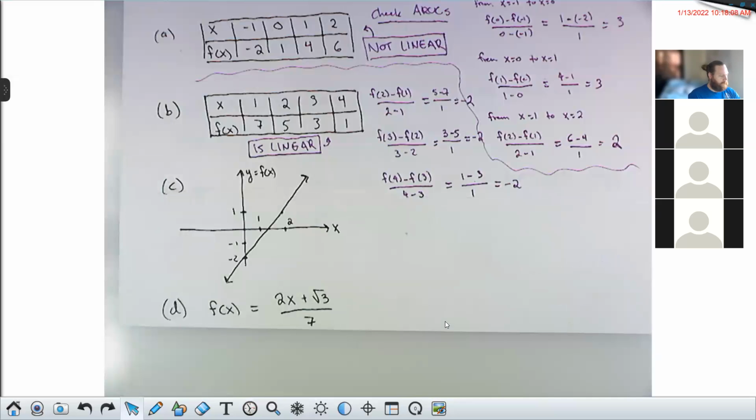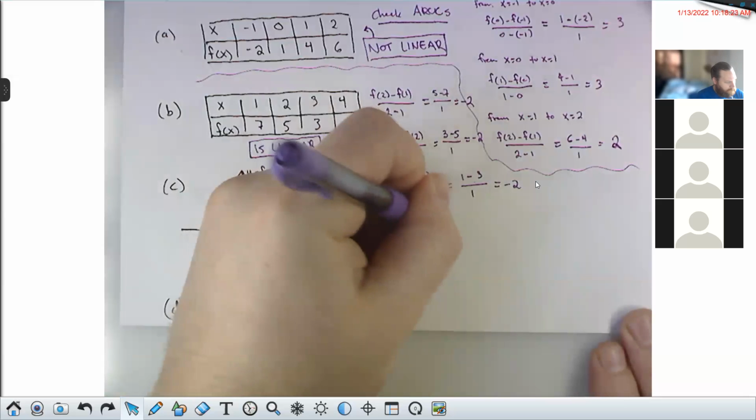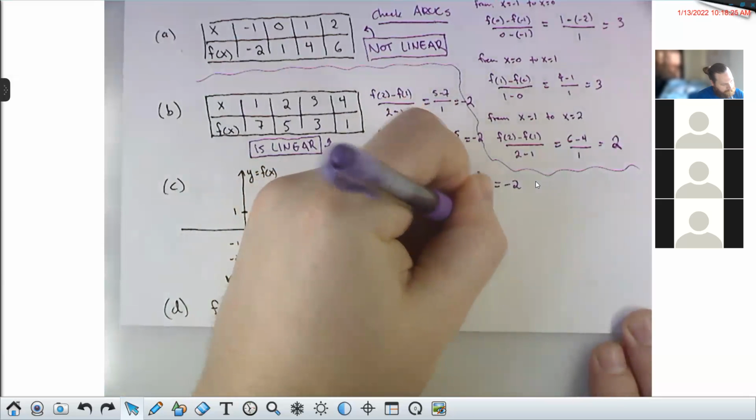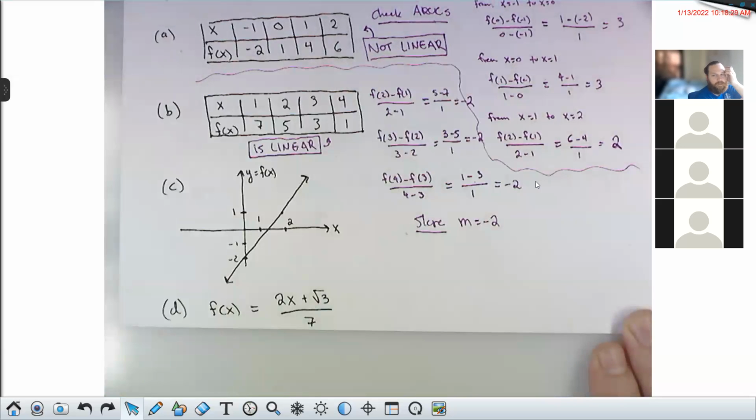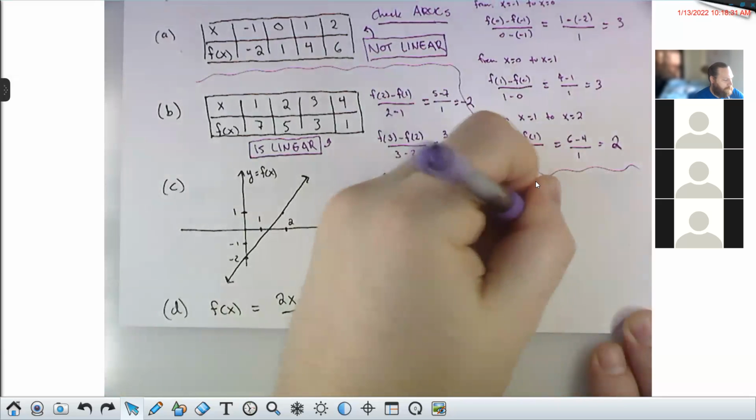So if I come back here looking at part B, we know the slope, right? Slope is the average rate of change, or the constant rate of change. It's always the same for this function. It's negative 2. I don't know the y-intercept yet, but I do know a point.